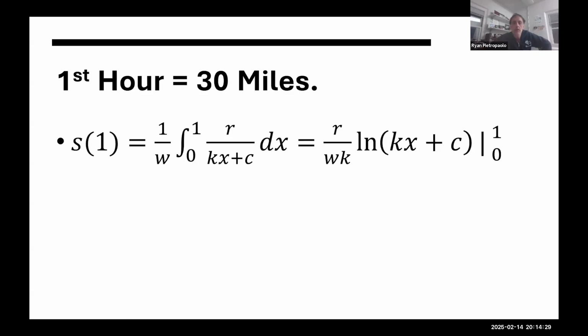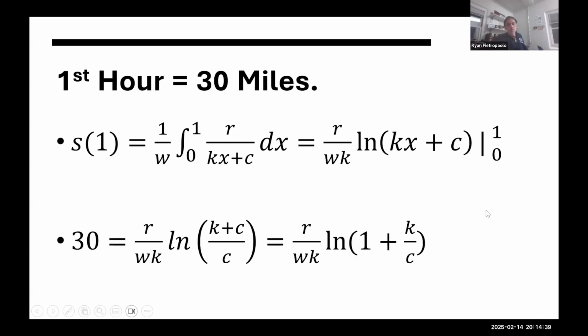R over wk times the natural log of kx plus c, integrated from 0 to 1. And we know that's equal to 30. Slide this thing up. So we know 30 is equal to r over wk times ln, and when I plug 1 into this, I just get ln of k plus c. And when I plug 0 in, I just get ln of c. And I'm subtracting these two.